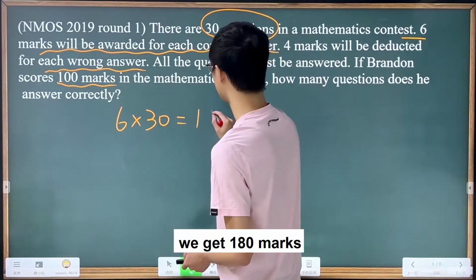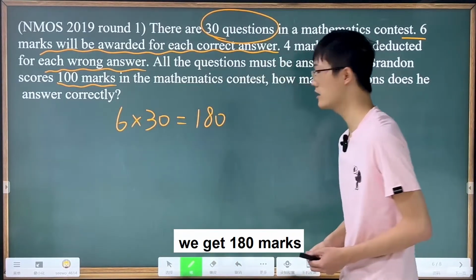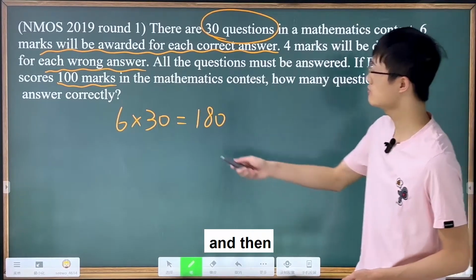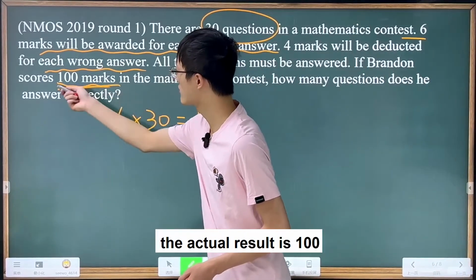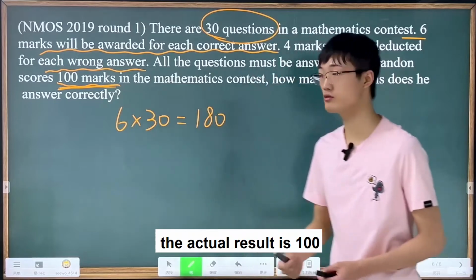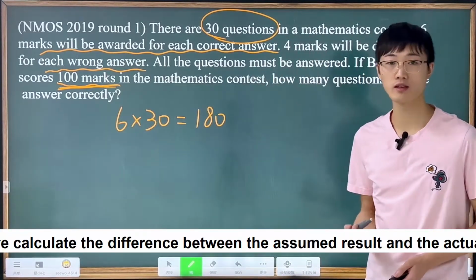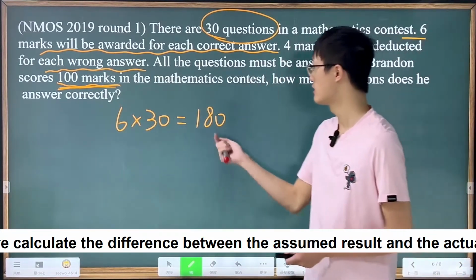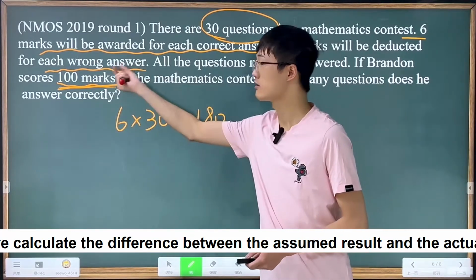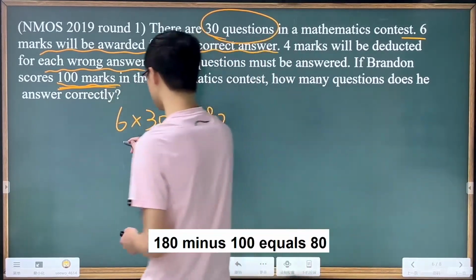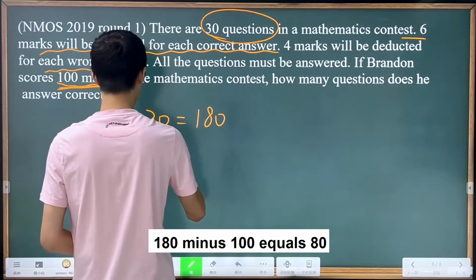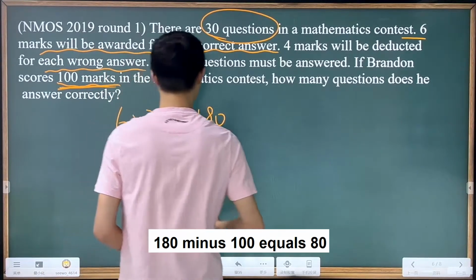We get 180 marks. Then, the actual result is 100. So we calculate the difference between the assumed result and the actual result. 180 minus 100 equals 80.